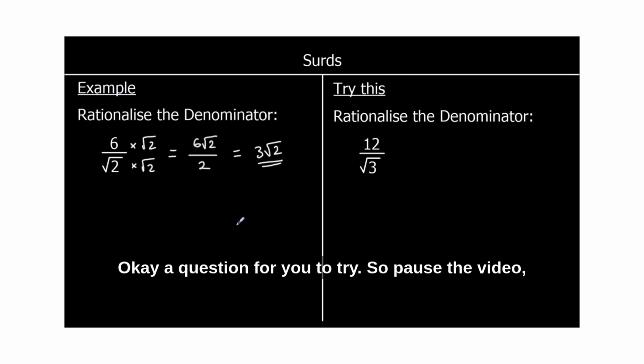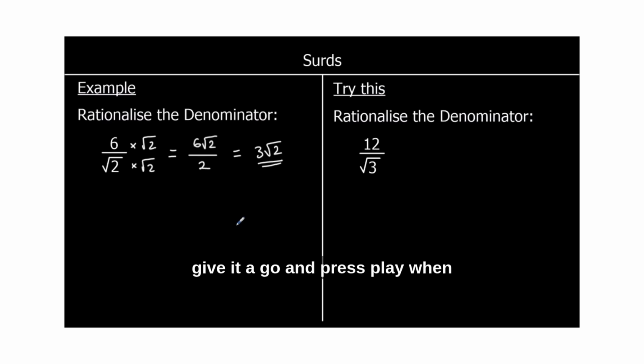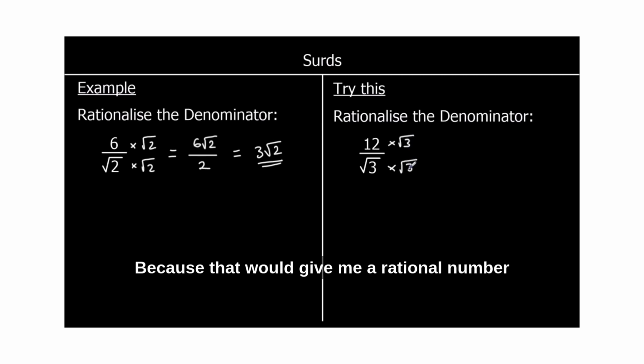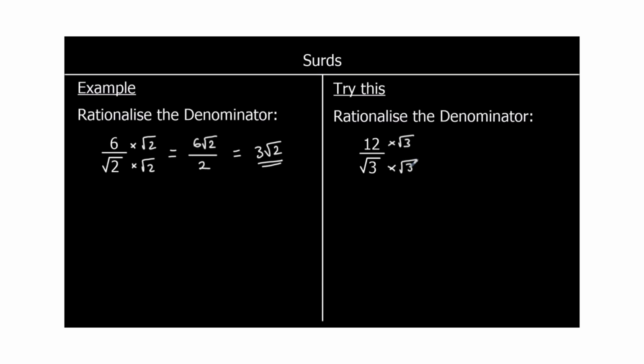Okay, a question for you to try. So pause the video, give it a go, and press play when you're ready for the answer. So we've got 12 over root 3. This time I'm going to multiply top and bottom by root 3, because that would give me a rational number on the denominator.